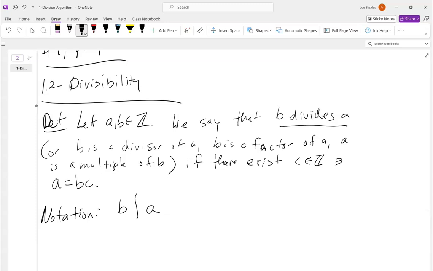What do you think we would write if B doesn't divide A? Yep, put a line through it. Good. So just like not an element of or not equal to, does not divide is just a line through it. So far so good?